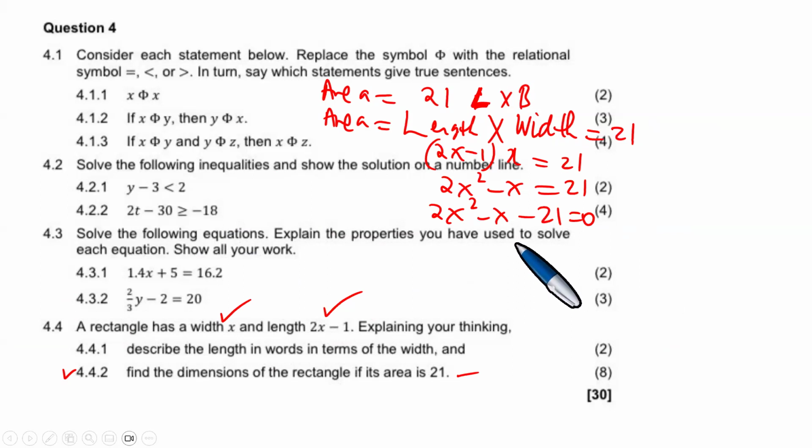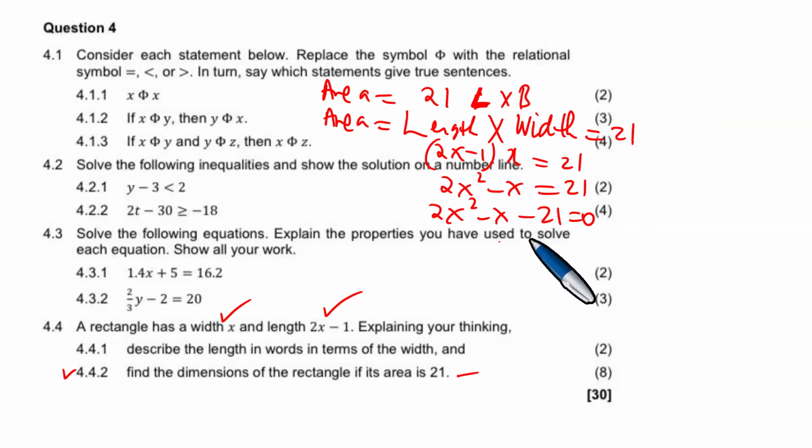So let's solve here. Obviously, we need to solve for x, and to solve for x here, we need to factorize this. What are the factors of this? Now we can find the factors with simplicity.